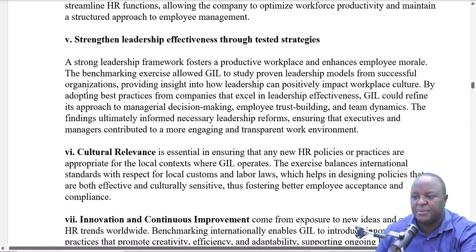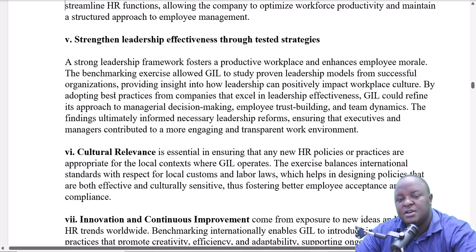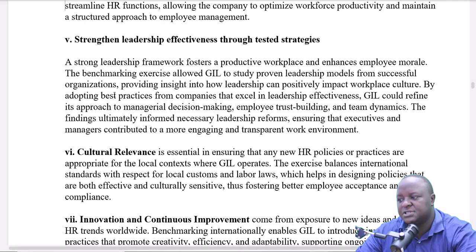Fifth, we have strengthened leadership effectiveness through tested strategies. So a strong leadership framework fosters a productive workforce and enhances employee morale.